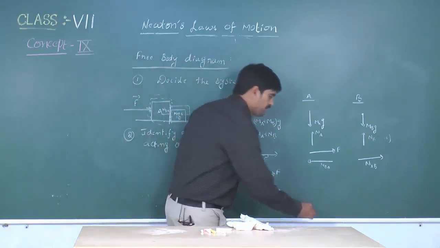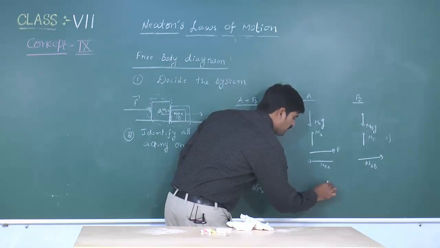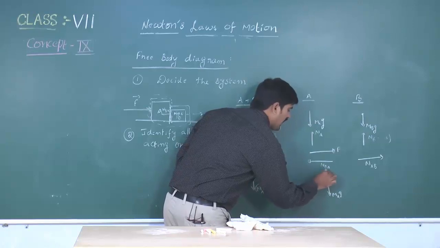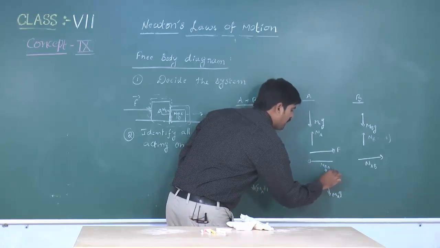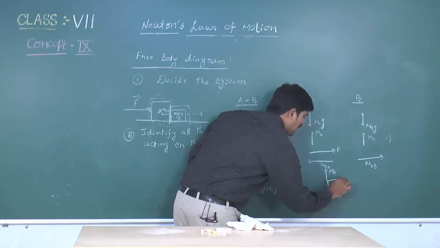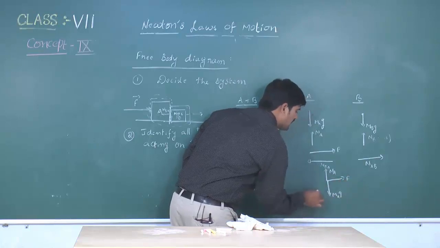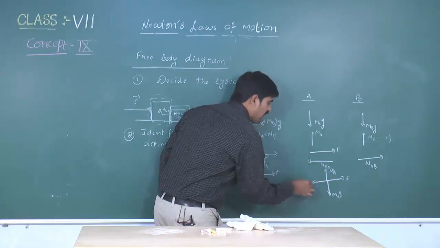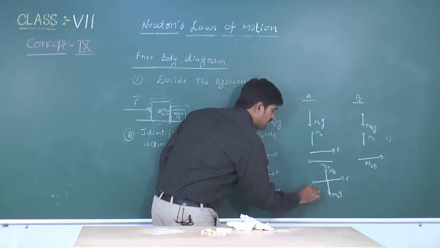Similarly, for A as the system, the force acting is mAg in downward direction and NA in upward direction, and the applied force in this direction, and the force developed by the body B on A is in this direction.